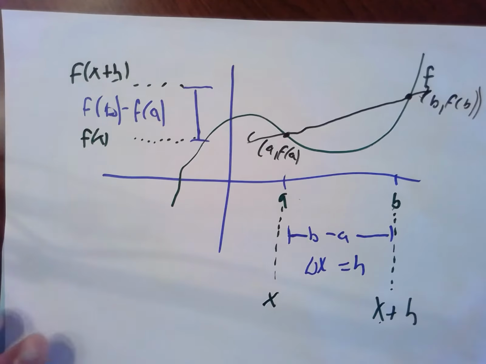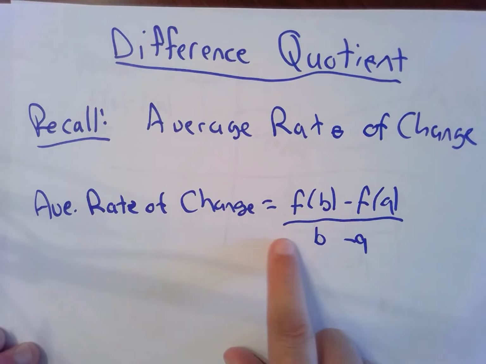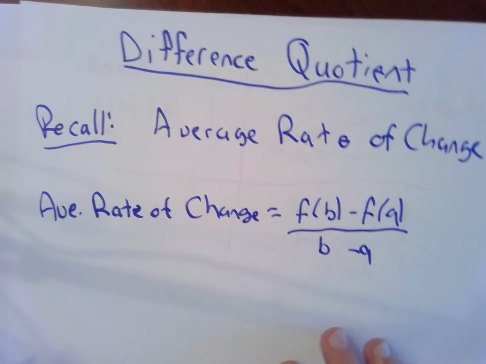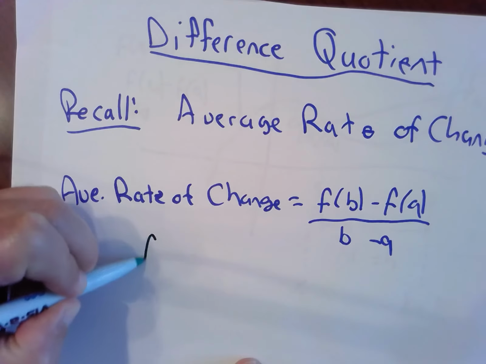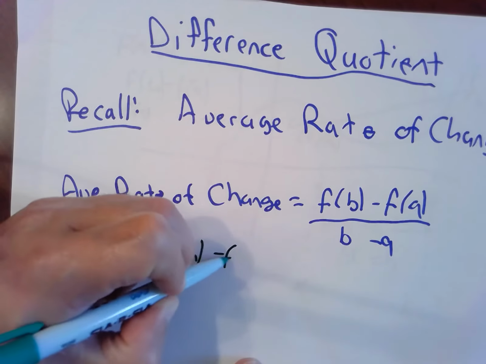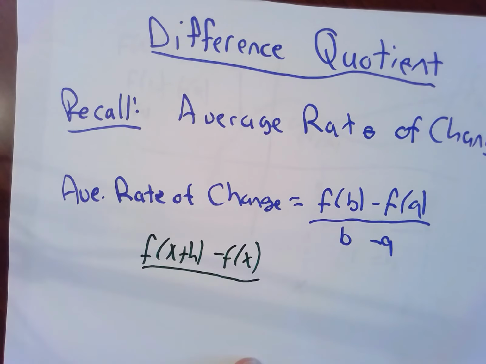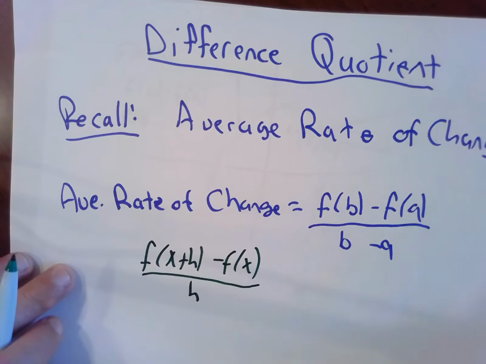So the same formula we had before for average rate of change, f of b minus f of a over b minus a, could be rewritten f of x plus h minus f of x, change in y, over change in x, which we've now decided to call h. Just simplifies our notation a little bit. Okay, so we get this formula. Call it the difference quotient.